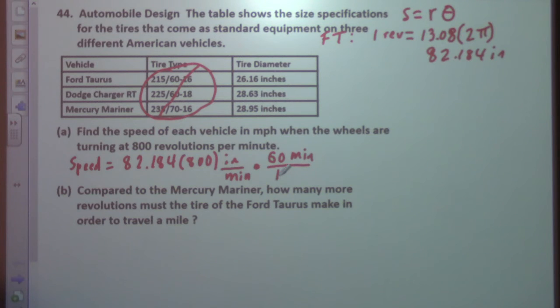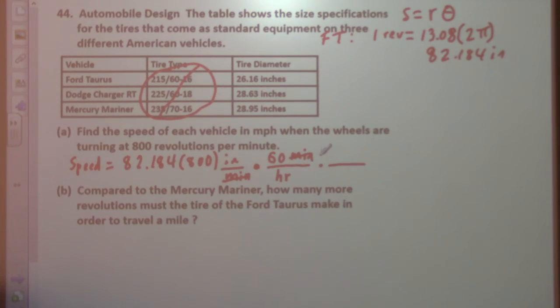And so using dimensional analysis, we can just start canceling stuff out, right? So that cancels that. What do we need to change inches to? Miles. So how many inches do we have in a foot? 12 inches per foot.